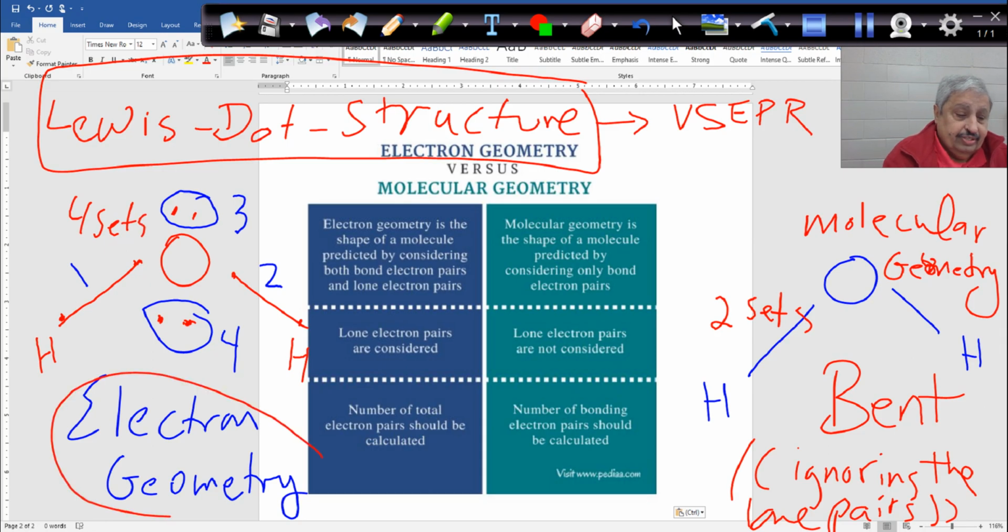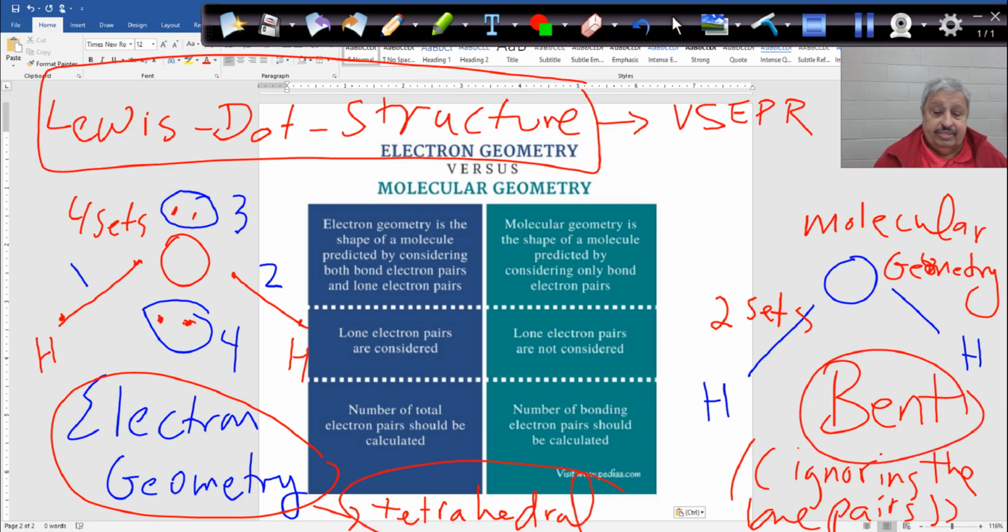So we have here 2 sets, and here we have 4 sets, correct? So with the 4 sets, the electron geometry will be tetrahedral, and this is bent. So you can see the difference if you consider the whole setup, lone pairs and single bonds. You have 4 zones, and therefore it's tetrahedral.